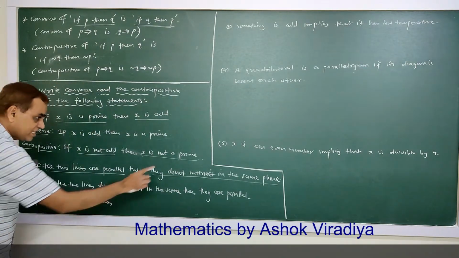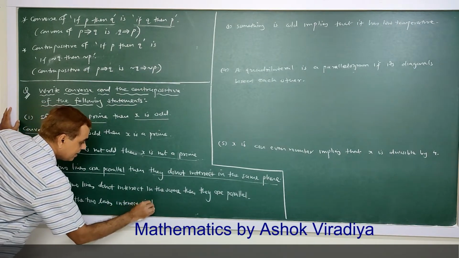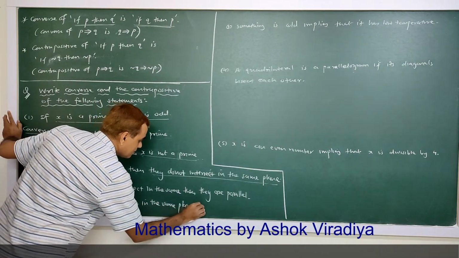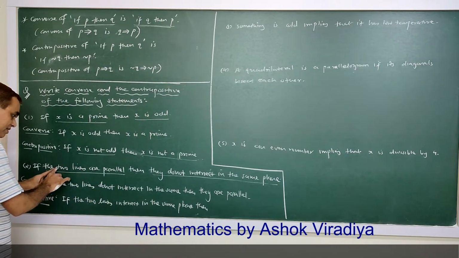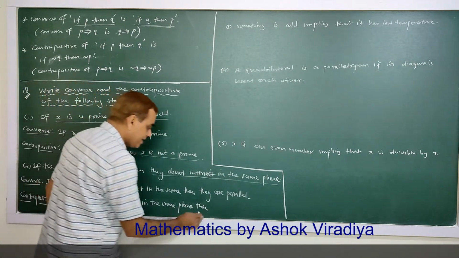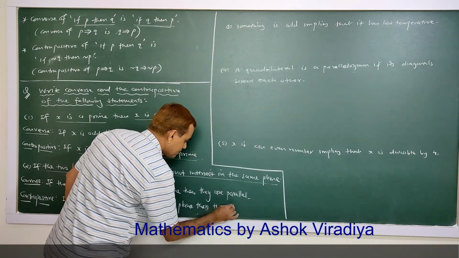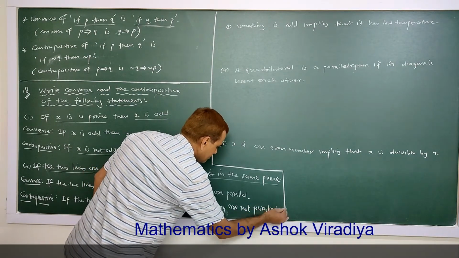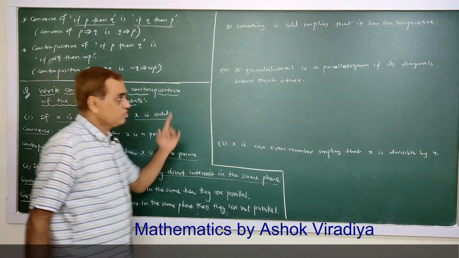So if the two lines intersect in the same plane, then now negation of this part. Here they are parallel, its negation is they are not parallel. So that is contrapositive.